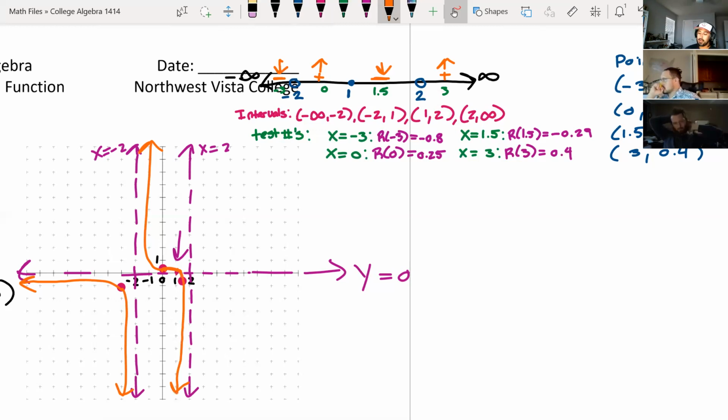Okay. And then the very last point, 3 and 0.4. That's going to be somewhere around there. It says from 2 to infinity, we are above the x-axis. So from this point, follow your vertical asymptote up and follow your horizontal asymptote out and to the right.